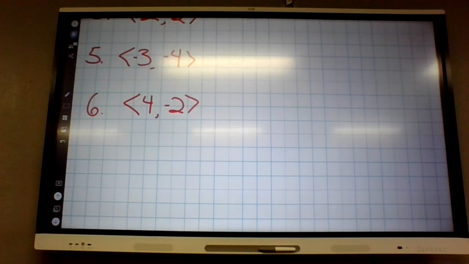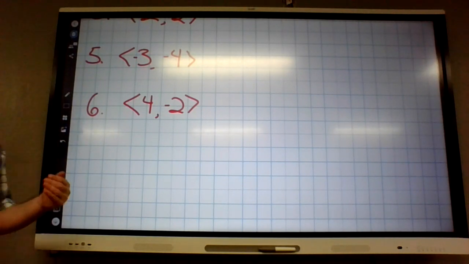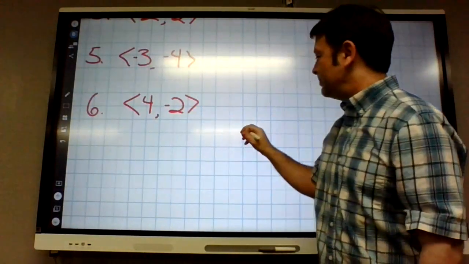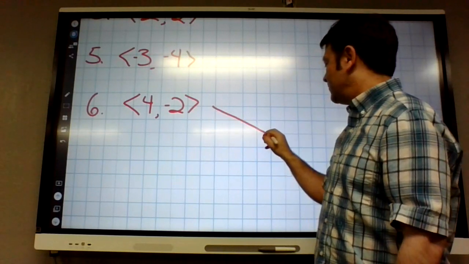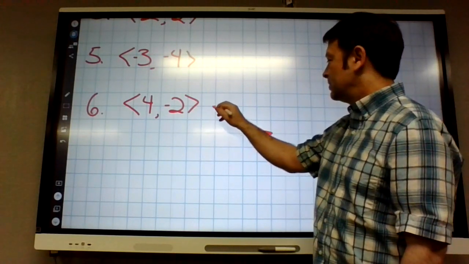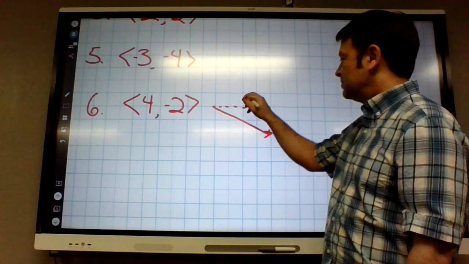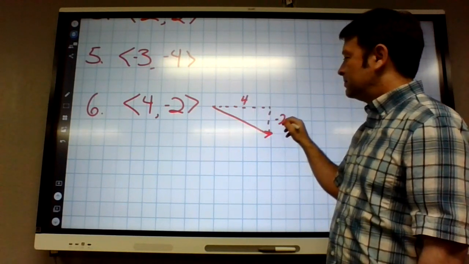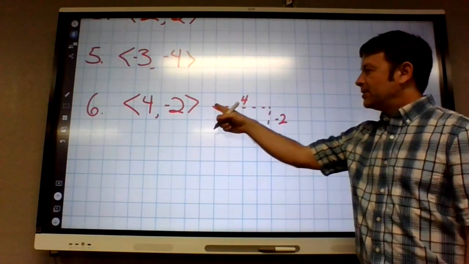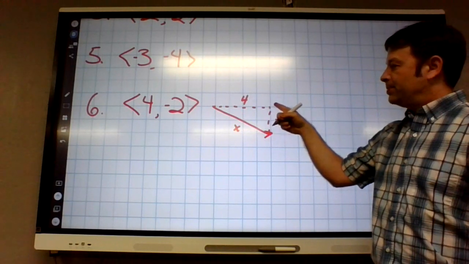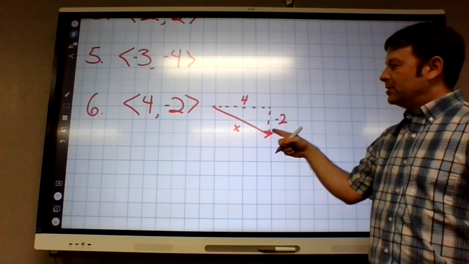It means the length of the vector. Yes, we use the Pythagorean theorem. You make a triangle. So it's 4 squared plus negative 2 squared.